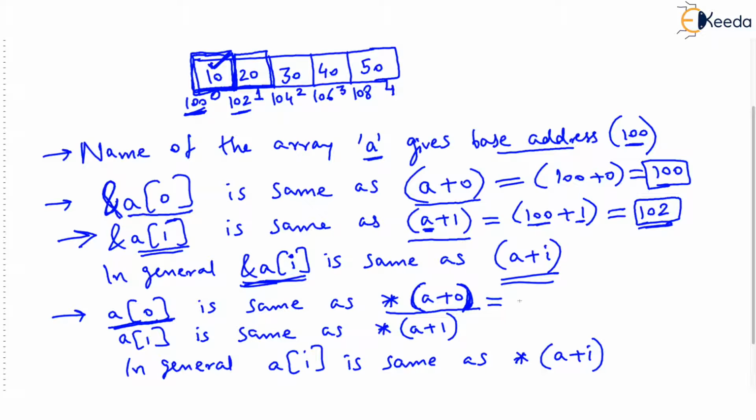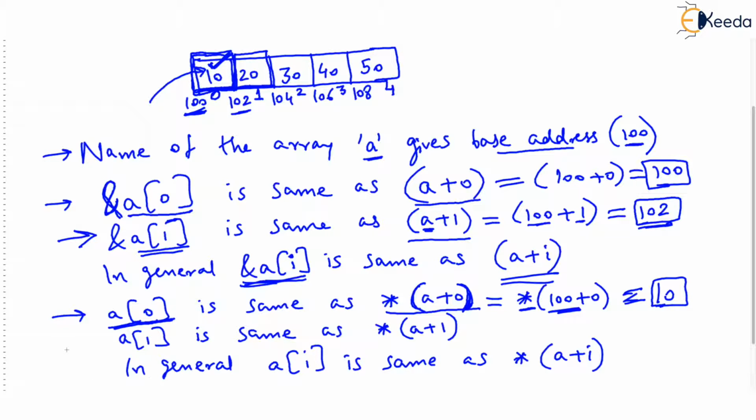So this is same as asterisk 100 plus 0, which is same as asterisk 100. But you know 100 is the base address. And you are then using the asterisk symbol, so you will get value stored at that address. And what is the value stored at address 100? It is 10. So this value is going to be 10. And it is indeed the value of A0.